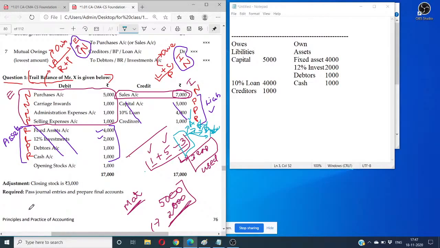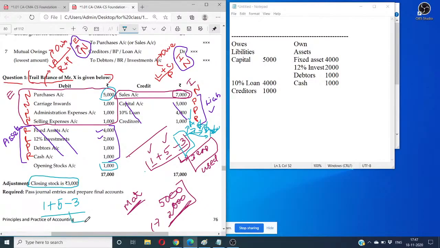The same happens here. This opening stock is nothing but the amount already available in your purse. And then the purchases is nothing but the amount you received from your parents in this year. So 1 plus 5. And in adjustments, there is a closing stock of rupees 3,000. What does it mean? After the year end, you came to know 3,000 rupees available in your purse. That should be subtracted.